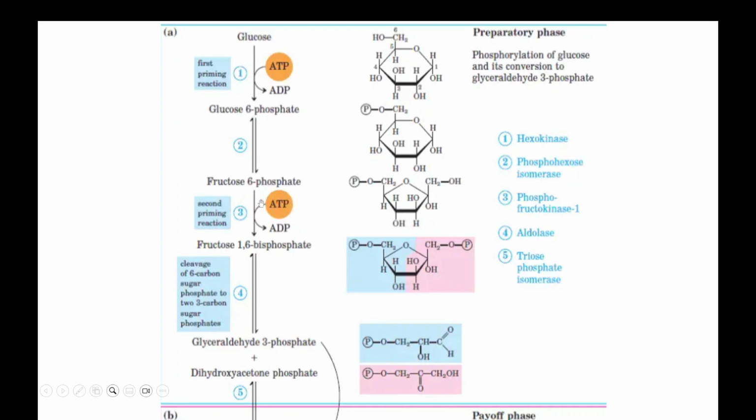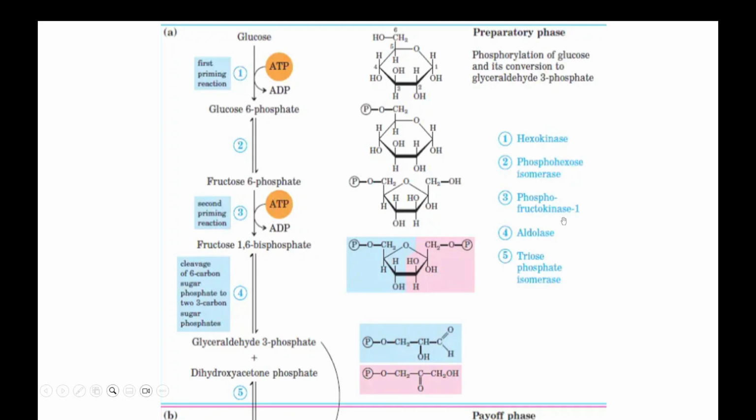Then again one ATP is used to phosphorylate one more residue in fructose, forming fructose 1,6-bisphosphate using phosphofructokinase. Kinase is any type of enzyme which phosphorylates any type of residue or substrate.